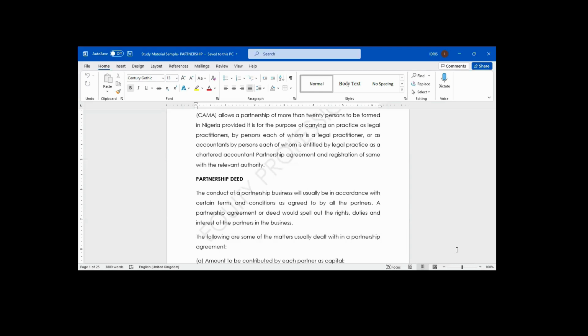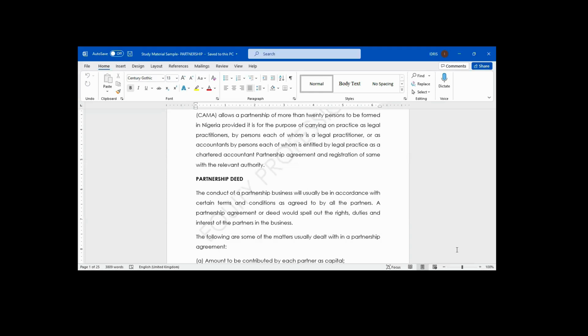It is a document that states the rules and regulations, the terms and conditions guiding how the partnership business is going to be carried on.